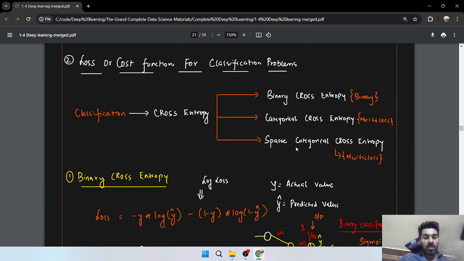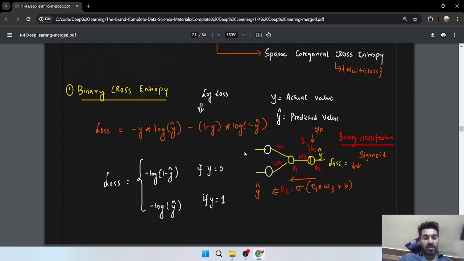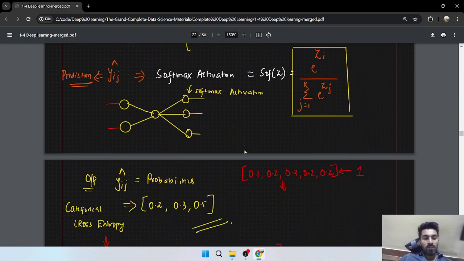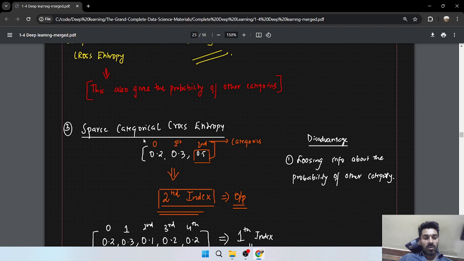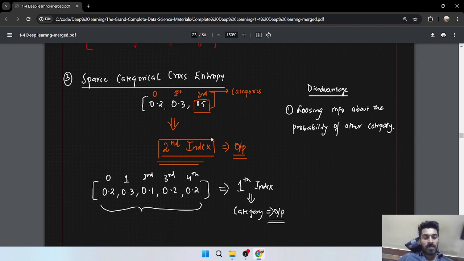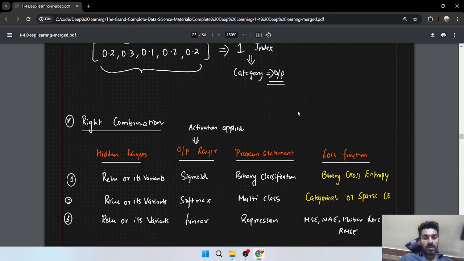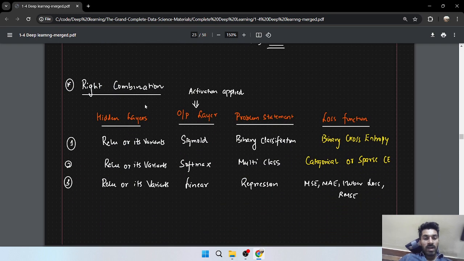But if you have output like 1 2 3 4 5 6 7 8 9 10, then apply sparse categorical cross entropy as the loss. This will automatically convert your data into a sparse matrix and then apply the loss function on top of that. So that's it for sparse categorical cross entropy, losing info about the probability of others.